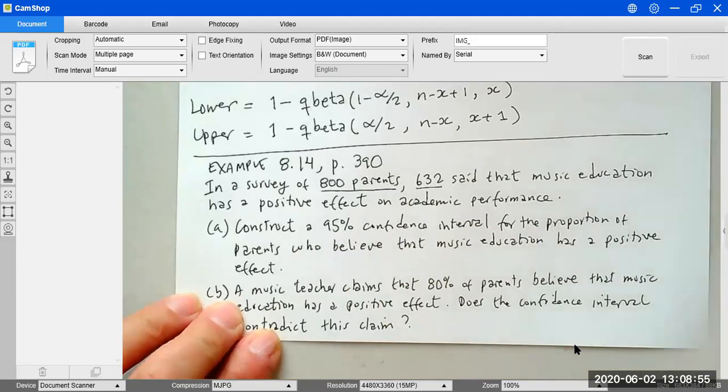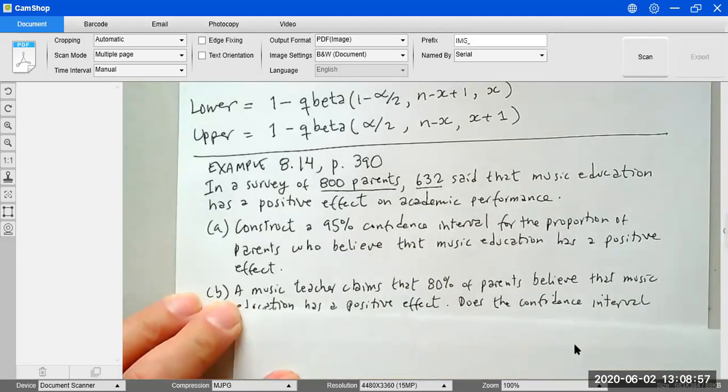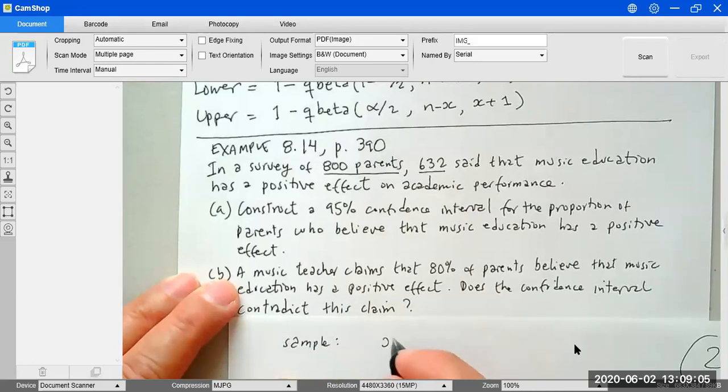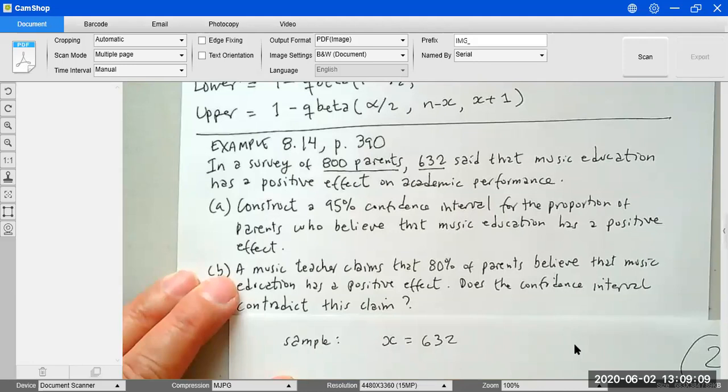That's the first information that we need to obtain for our problem. So we have a sample where we obtain 632 parents believing in the effects of music education out of 800 parents.